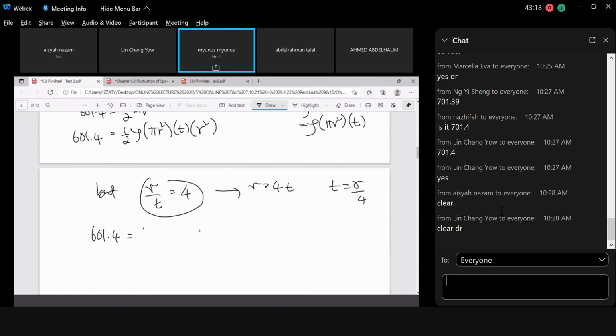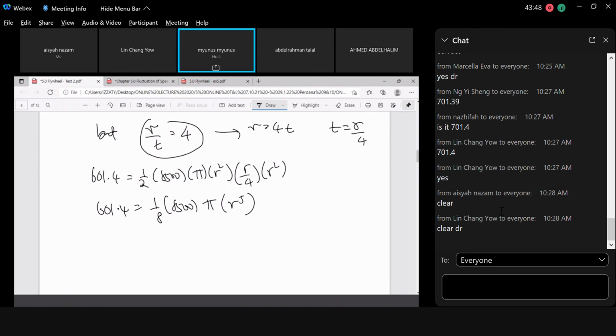So you have half, this one is 8500, this one is pi, then this r we maintain as r to the power of 2, and change the t to r by 4, which gives another r to the power of 2. If I simplify this, you will get 1 by 8, this one 8500, this one is pi, and this one is r to the power of 4.